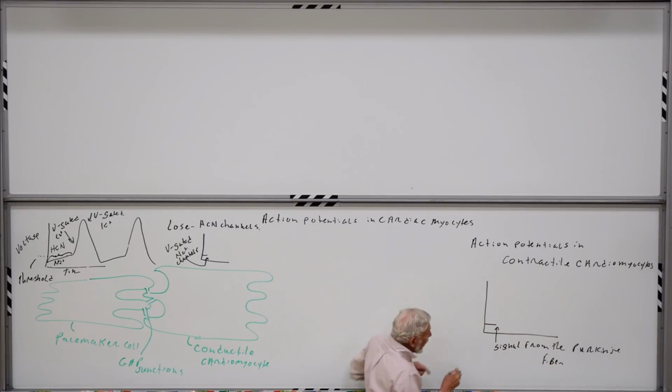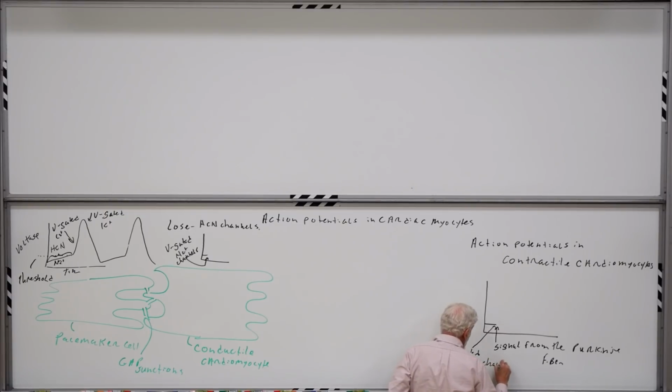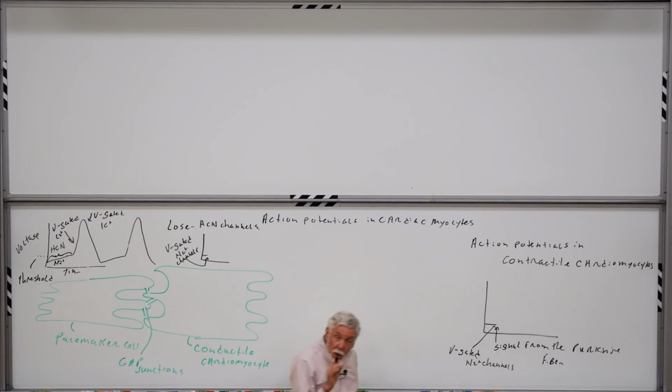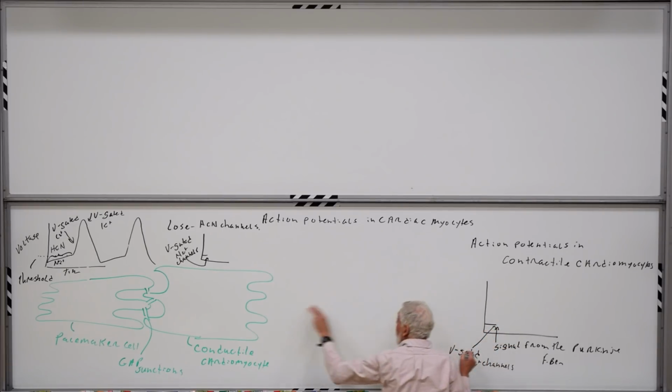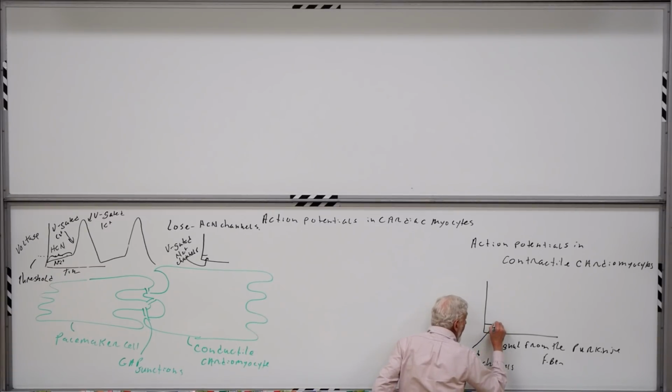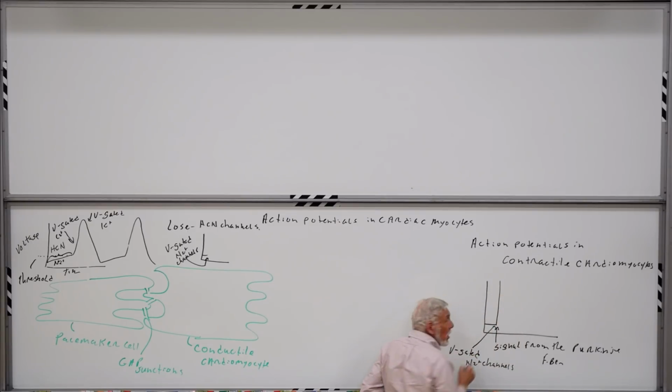The signal from the Purkinje fiber at that point opens the voltage-gated sodium channels. The advantage to the voltage-gated sodium channels is those S4 regions are easy to move. They respond rapidly. So almost immediately after getting that depolarization from the Purkinje fiber, we get a very rapid rise in the membrane potential, up to about plus 30 millivolts.